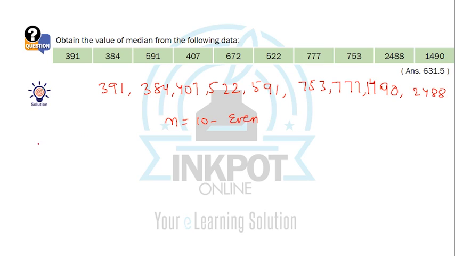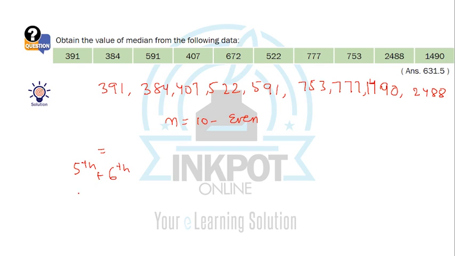In even, we are going to take the average, so that means 10 plus the next observation, the 11th observation, upon 2. So carefully observe, we have the number of observations as 10. So my 10 by 2th observation, that is the 5th observation, plus the next observation, that is the sixth observation.